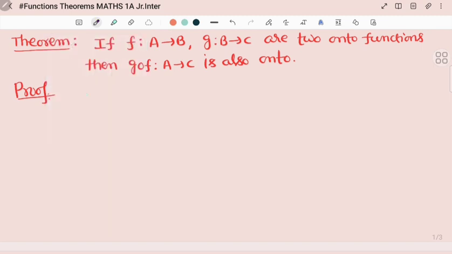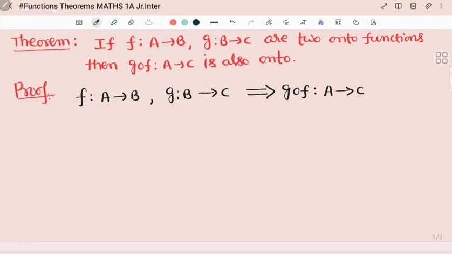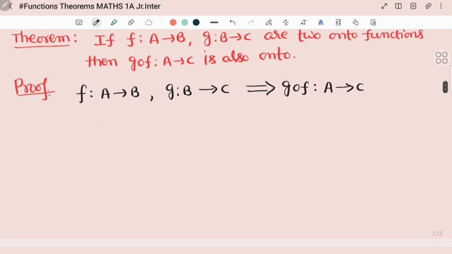So what we have to do? First, f from A to B, comma g from B to C. That implies that g circle f is defined from A to C. I already discussed with you how to do this.